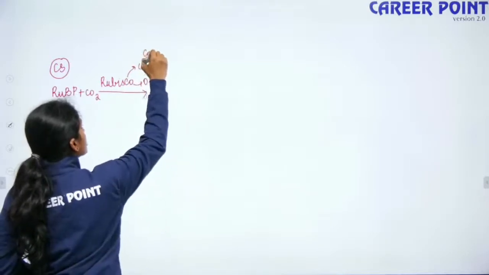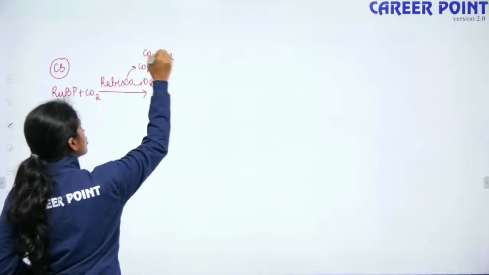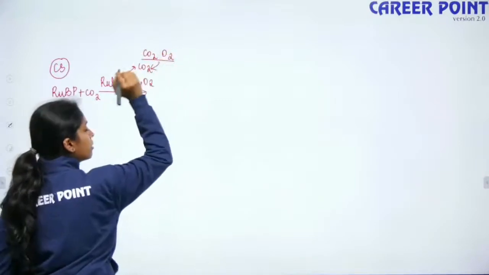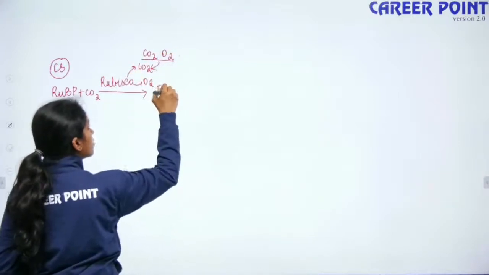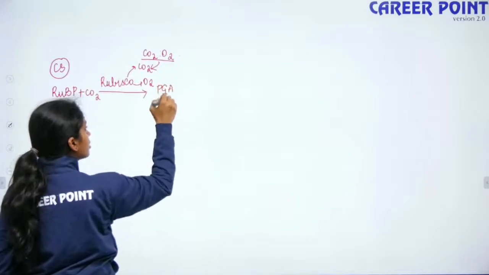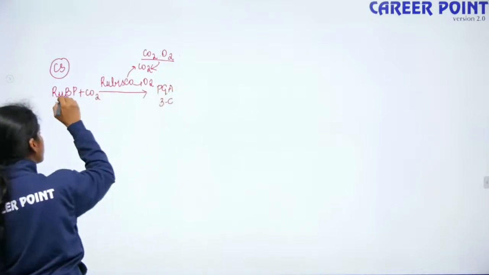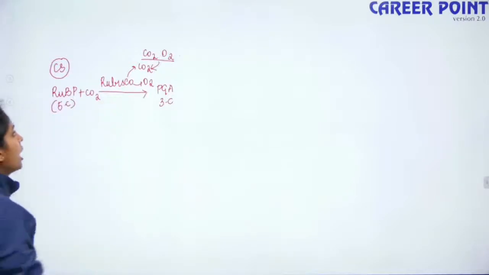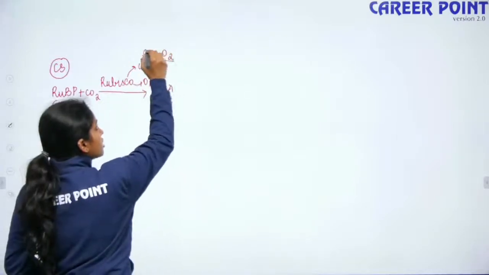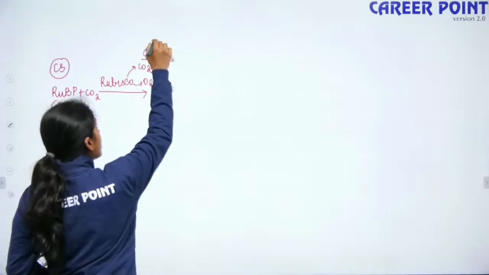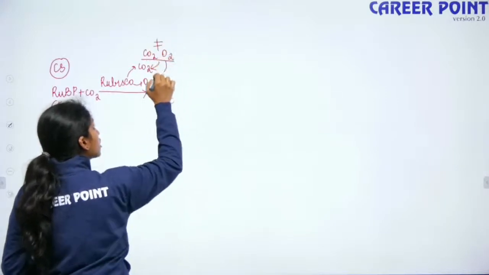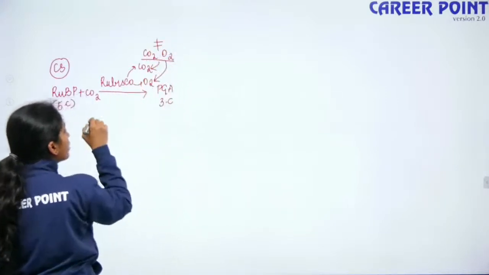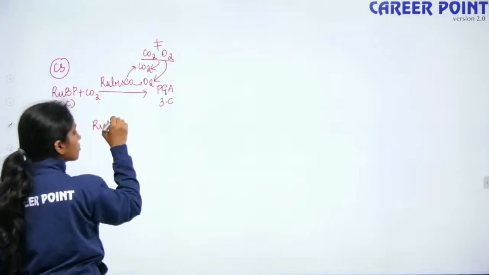When the concentration of carbon dioxide is equal to oxygen, carbon dioxide will bind. And it will give you phosphoglyceraldehyde, that is your 3-carbon compound, right? So this is your first step in your C3 cycle.